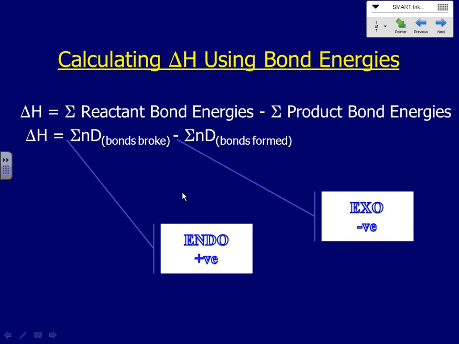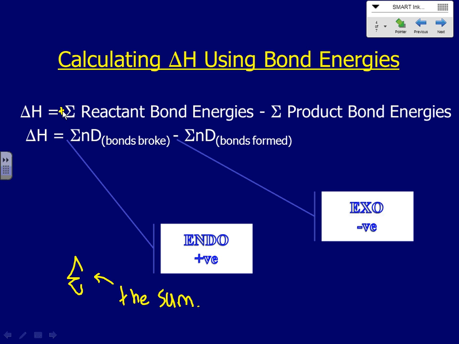So how are we going to calculate this? Well, this symbol here, we haven't encountered it yet. This is the Greek symbol sigma, and they used to teach this in mathematics, but this simply means to sum, and so it means we're going to add up all of the bonds. So if we have the reactant bond energies, and we add them all up, remember that the bond energies that we break are endothermic, and so that means it's a positive value.